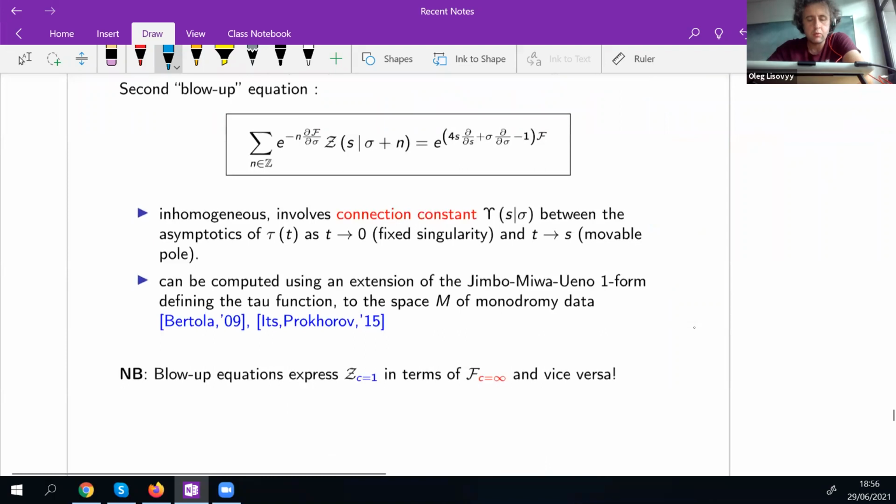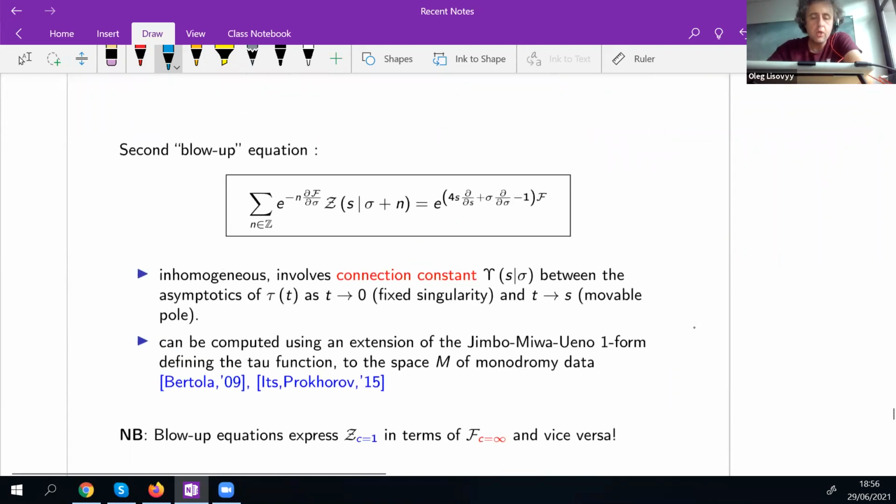I'm almost finishing now. This other relation is inhomogeneous. Basically, what it tells you is it computes a connection constant between the asymptotics of the isomonodromic tau function at the critical point, so fixed singularity, and a movable pole, or movable zero, of the tau function.